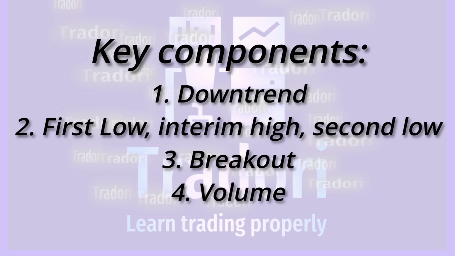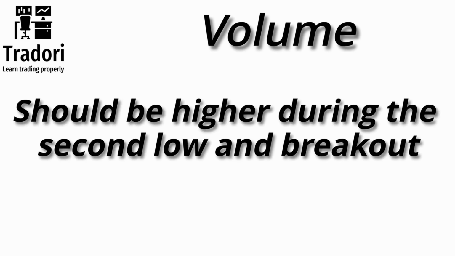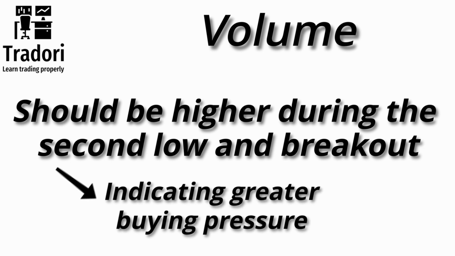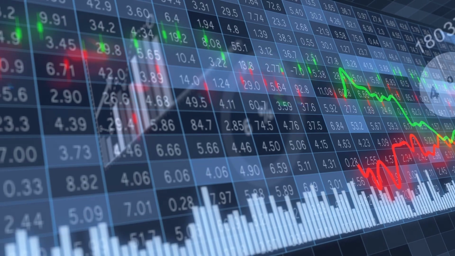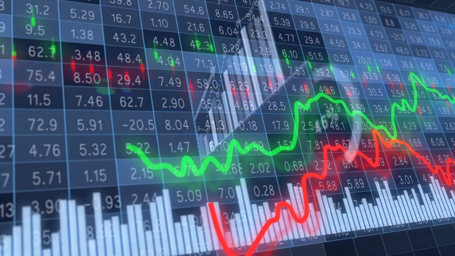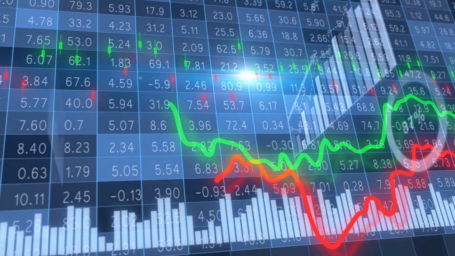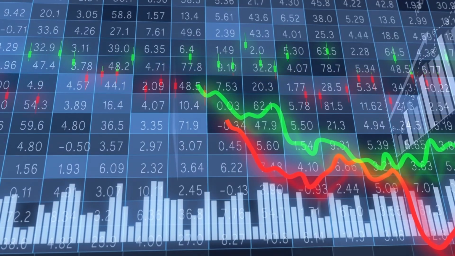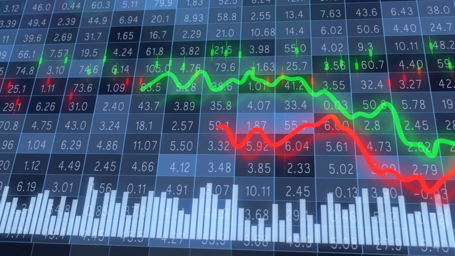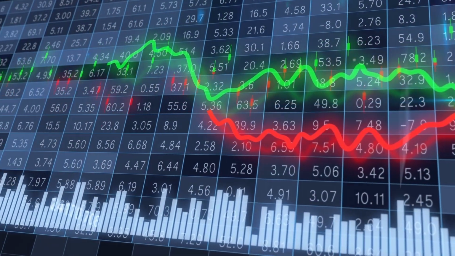An extremely important factor. The volume should be higher during the second low and breakout, indicating greater buying pressure and conviction among traders. The double bottom pattern should be used in conjunction with other technical indicators and analysis techniques to make well-informed trading decisions. Do not forget that.